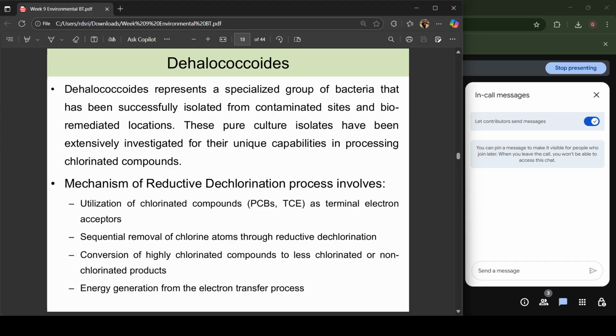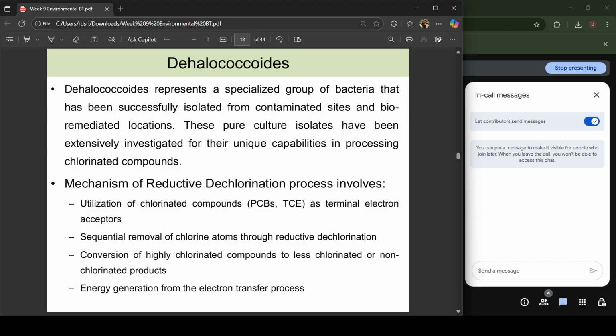So dehalococcoides represents a special group of bacteria. It has been isolated from contaminated sites and bioremediation locations. The pure culture isolates have been extensively investigated for their capability to process chlorinated compounds. The mechanism by which dehalococcoides go for reductive dechlorination is the utilization of chlorinated compounds like polychlorinated biphenyls, where these compounds act as terminal electron acceptors, followed by sequential removal of chlorine atoms through reductive dechlorination.